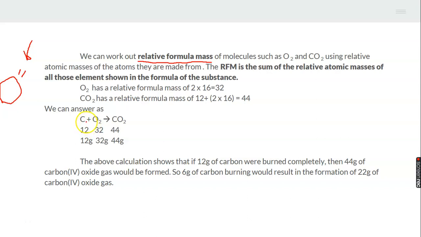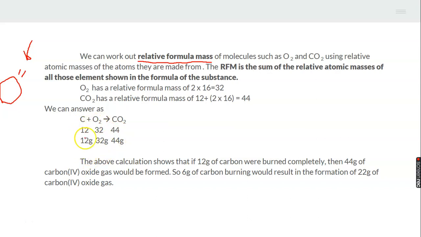So carbon completely bonding with oxygen gives carbon dioxide: carbon 12, oxygen gas 32, and carbon dioxide gives what? 44.